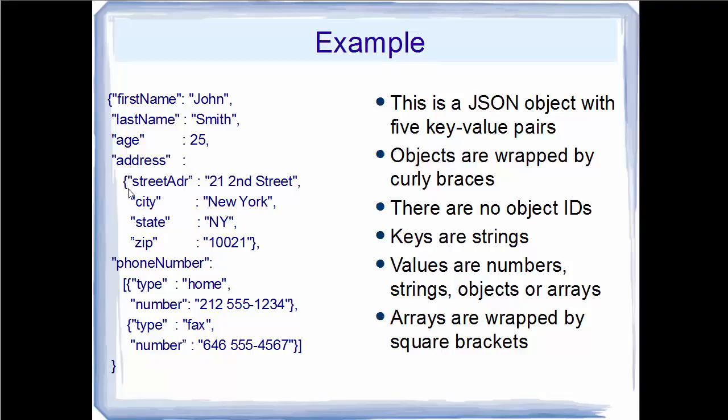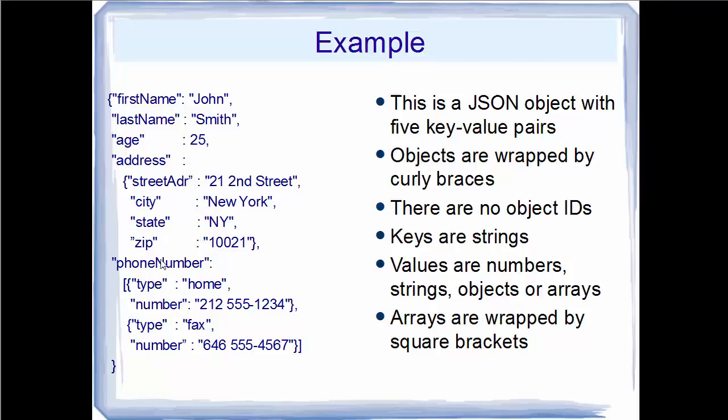So an object is nothing but the key value pairs themselves, the combination of these key value pairs, and they are created using these curly brackets. So this whole thing is an object. The combination of street, city, state, and zip is an object, right?